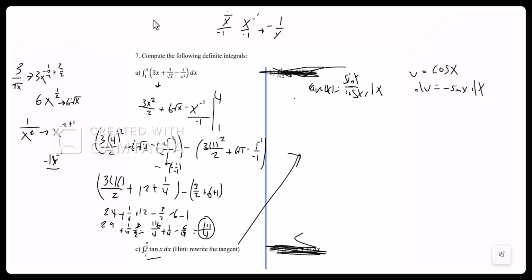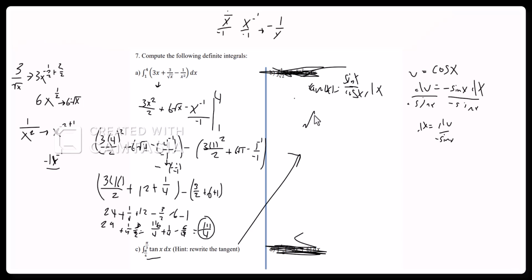So now you want to divide the right side by the du. So the dx would equal du over negative sine x. And this is helpful because we can now plug it in.